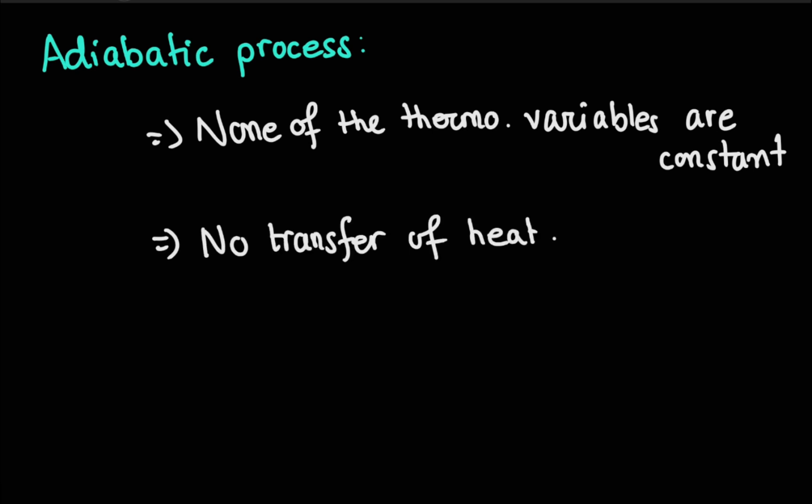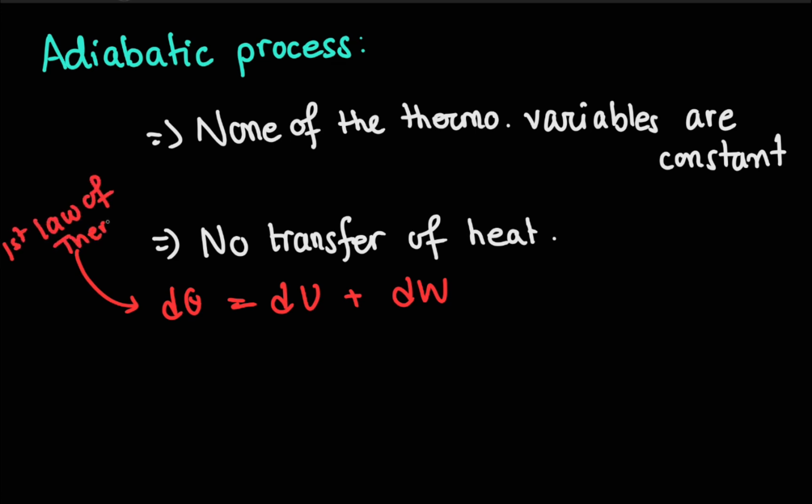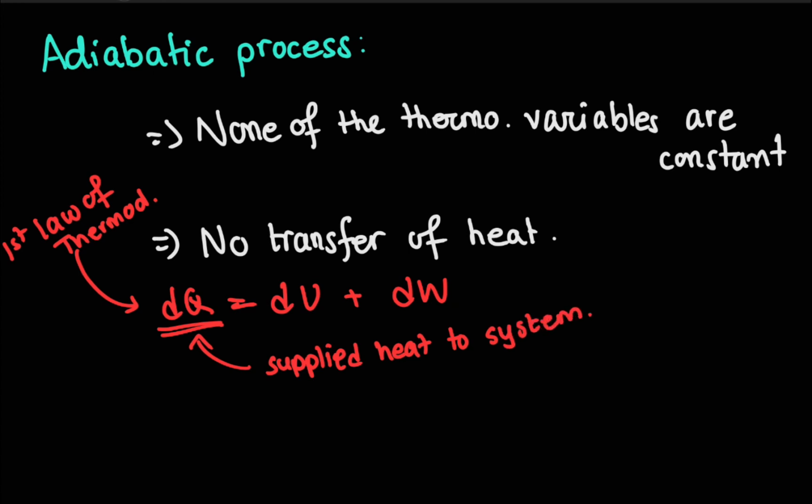From the first law of thermodynamics, we have come to know that dq is equal to du plus dw, which means that if you supply heat to a system, then a part of that supplied heat will be used by the system to do work, and the other part will be used by the system to change its internal energy. Here, the term dq represents transfer of heat or supplied heat. And in an adiabatic process, this dq is equal to 0.